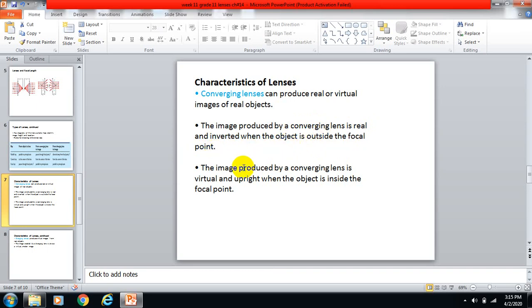Remember the difference. The image produced by a converging lens is virtual and upright when the object is inside the focal point. If you change the object distance and position, it can give you a real or a virtual image. It depends on where the object is placed in front of the lens. Understand?